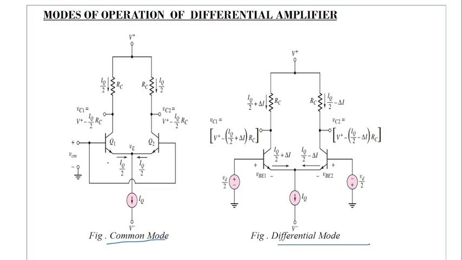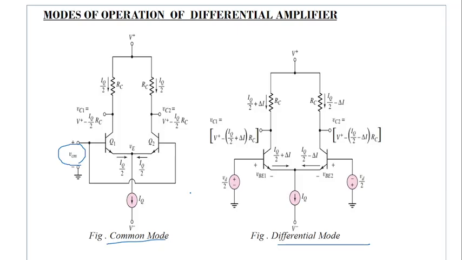In common mode, we apply the same amount of voltage. Here the output voltage is VQ minus IQ by 2 RC, the same here also. That is, we are just connecting both base terminals at one point, and a common voltage VCM is given here. This is for the common mode configuration, whereas this is for the differential mode.